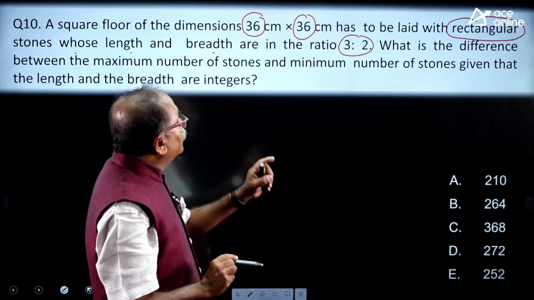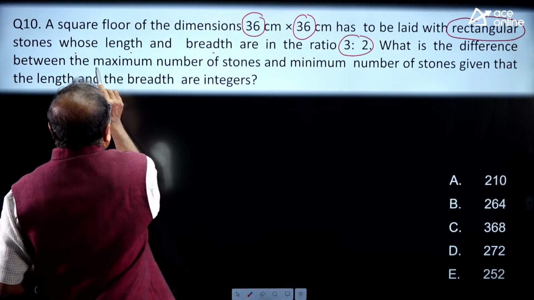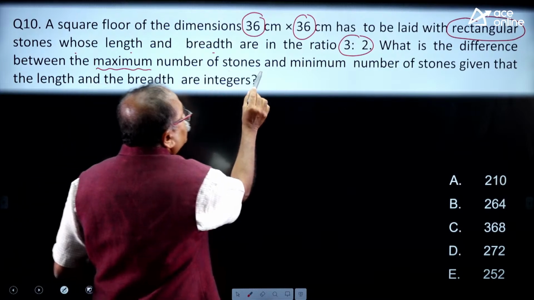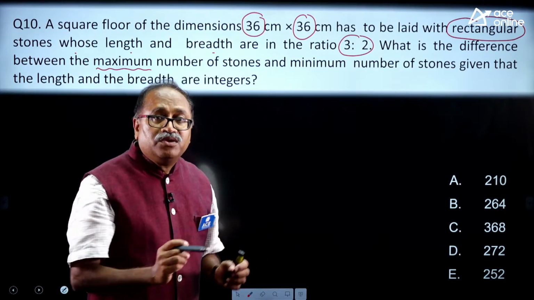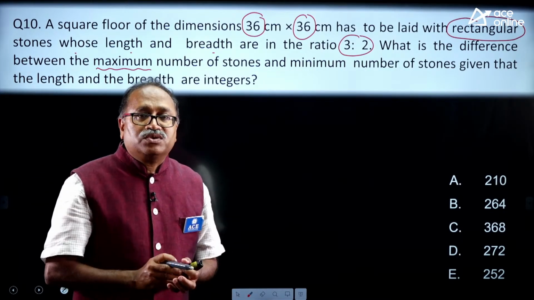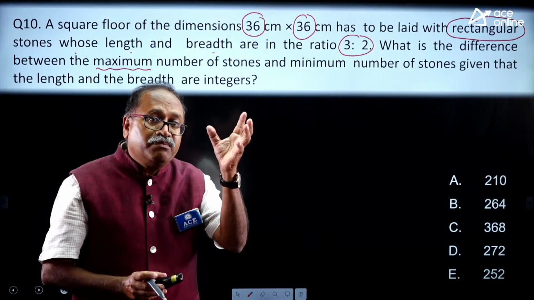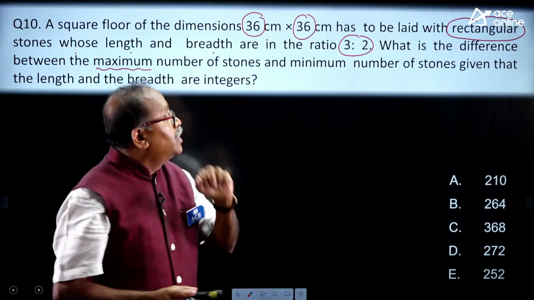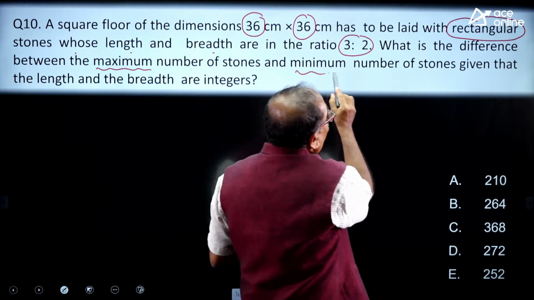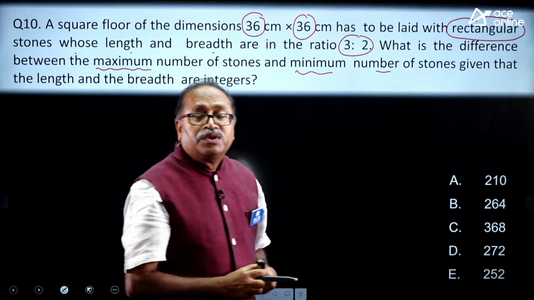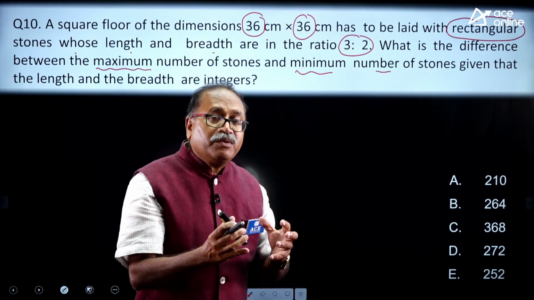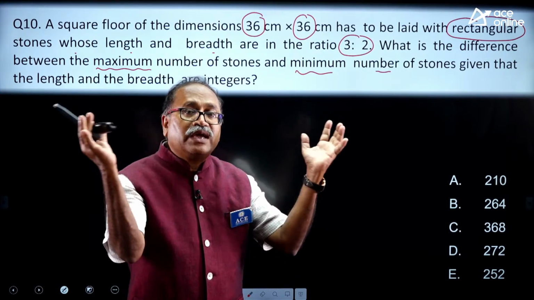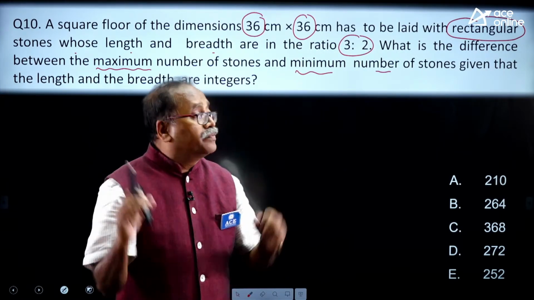What is the difference between the maximum number of stones that can be used and the minimum number of stones? Maximum number means the size should be minimum. To use the minimum number of stones, the stone size has to be maximum.